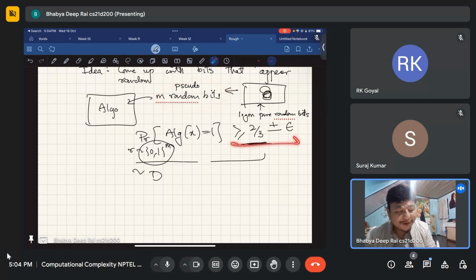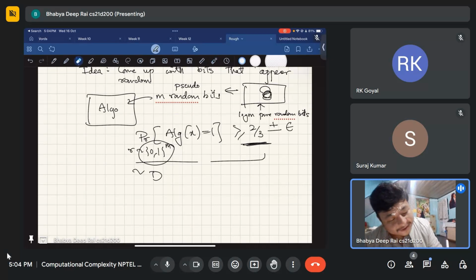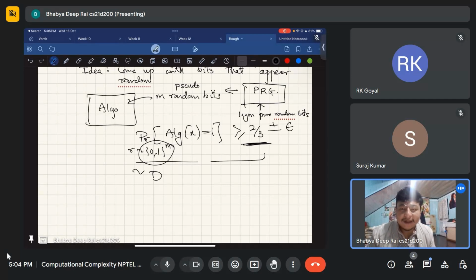That does not affect the probability too much. So this is what pseudo randomness focuses on, and this is what is called a PRG, pseudo random generator. And this is an entire field. It again requires an entire course, and you can look up courses on this. It's a very interesting field.